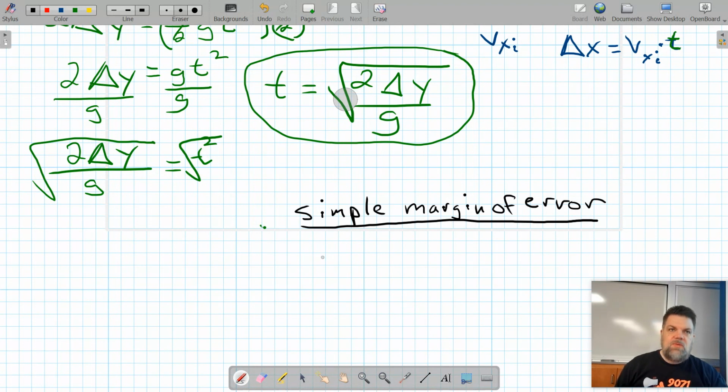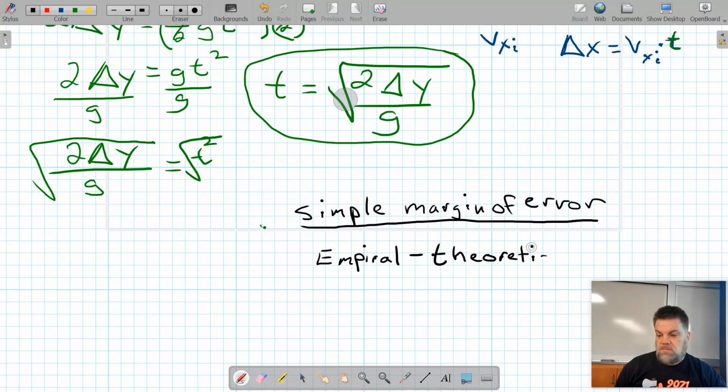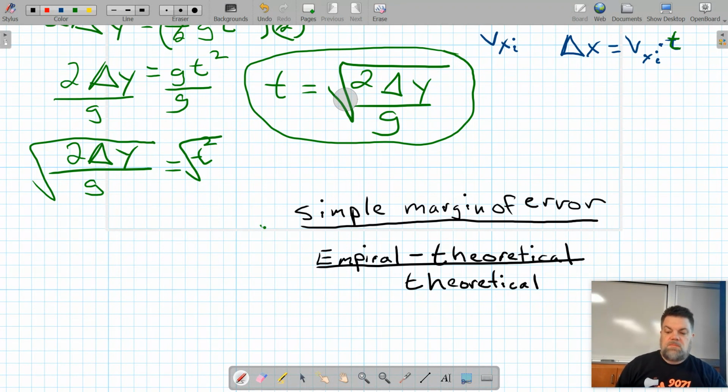You're going to take the empirical measurement minus the theoretical divided by the theoretical. And that'll give you a decimal, okay?